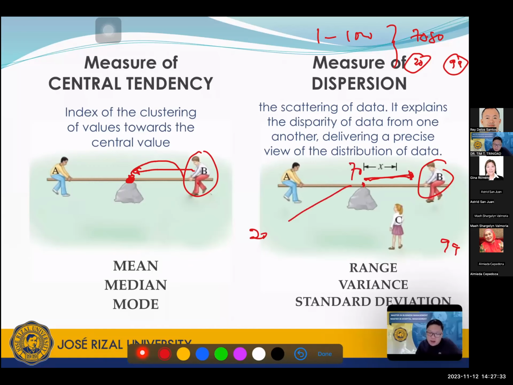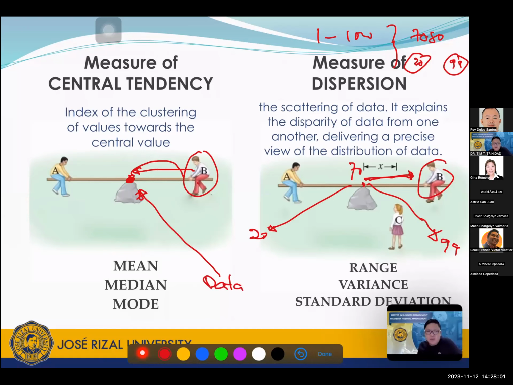Okay? How far? How variable? How different? How variable, how different or how far it differs from the center. While your central tendency, how close your data set resembles the center. Okay, do you understand?